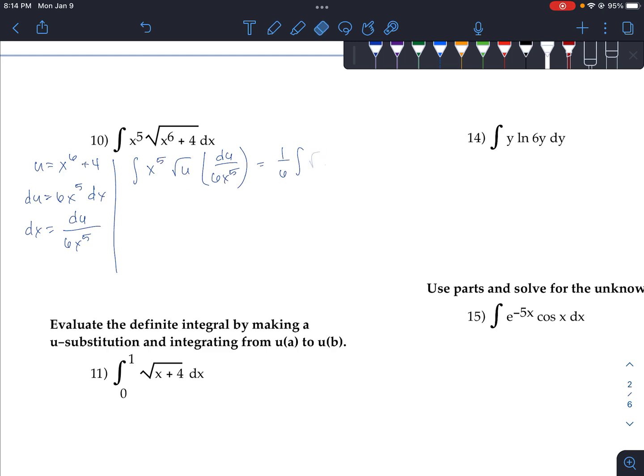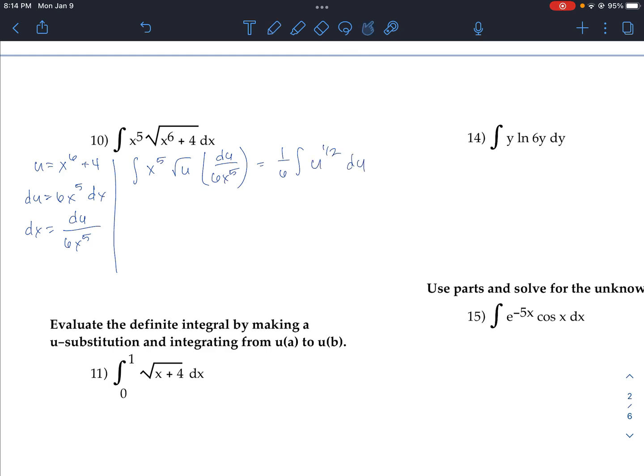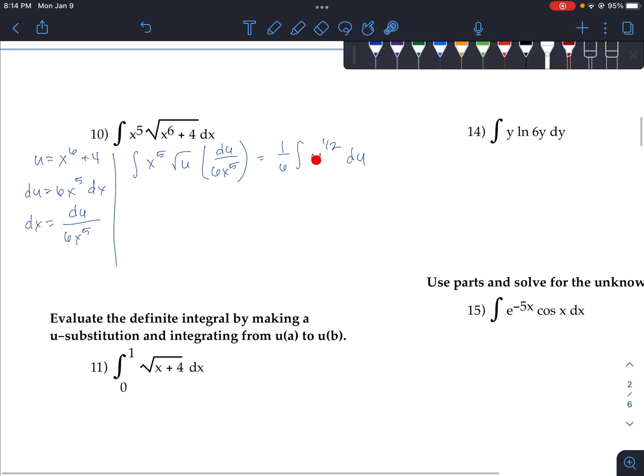For the sake of the antiderivative, I'm going to say u to the 1/2 du. So when I anti-differentiate, I'm going to increase that power by 1. So I'm going to have 1 over 6, u to the 3/2 and a constant of 2/3 out here, plus c.